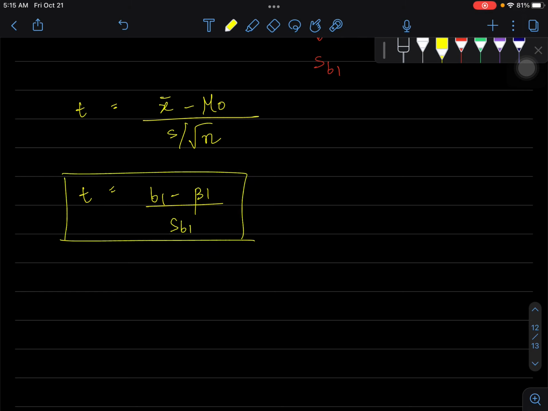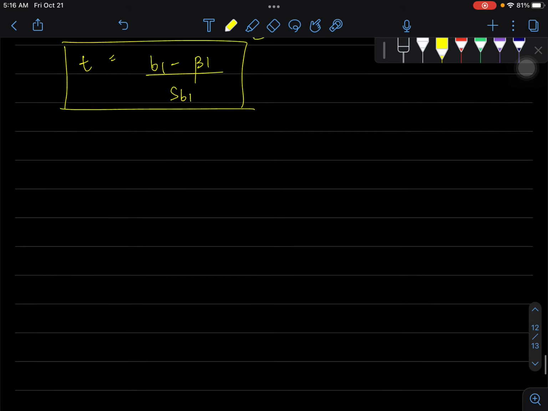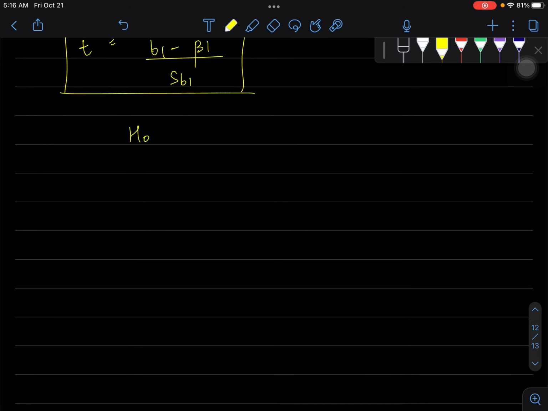The hypothesis test is going to depend on this statistic, and we're going to see two approaches, the p-value approach and the critical value approach, that is the t-value approach. The hypothesis test we are going to do checks whether beta 1 equals 0 or not. When we check whether it's equal or not equal to something, it becomes a two-tailed test.